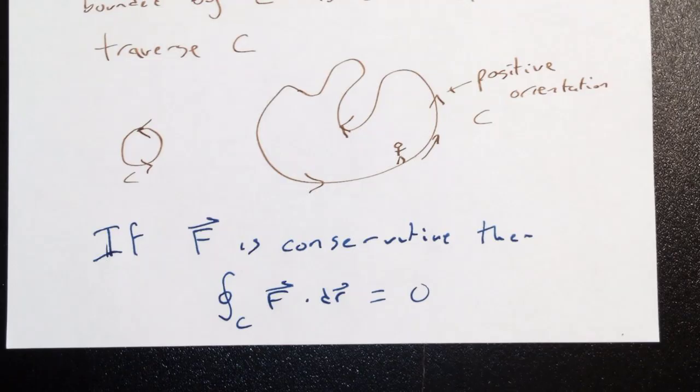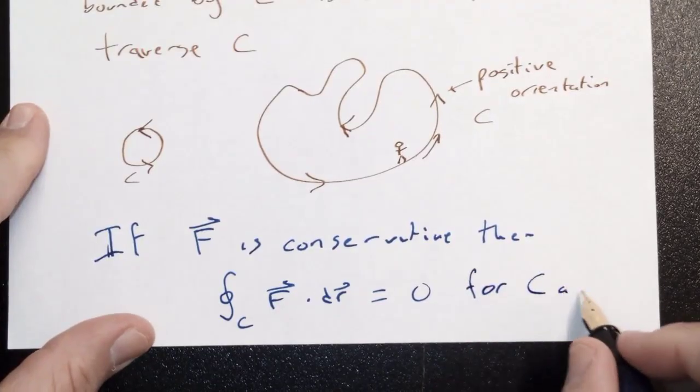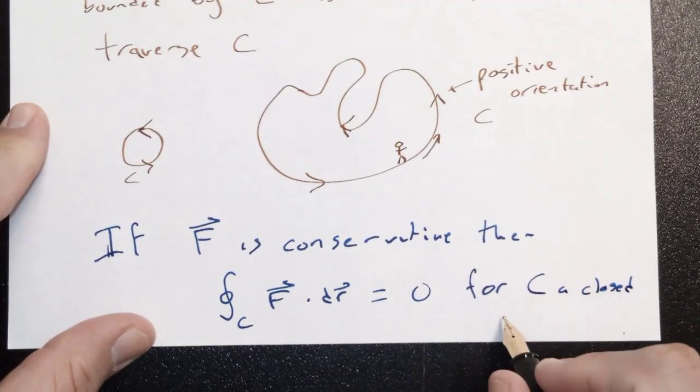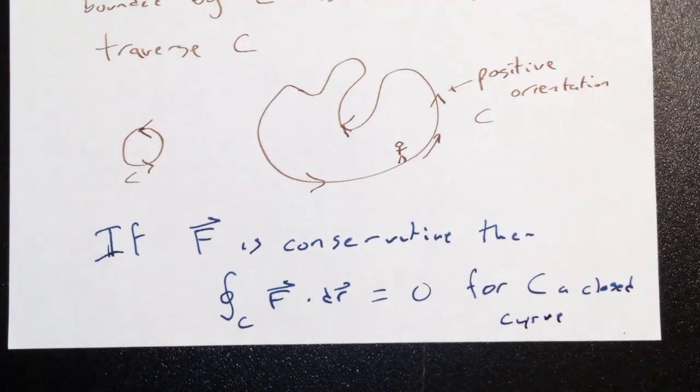Notice I haven't put what C is. All C is just closed, right? It could be that some of our integrals are 0 anyway, but every closed curve gives me a 0 when it's conservative.